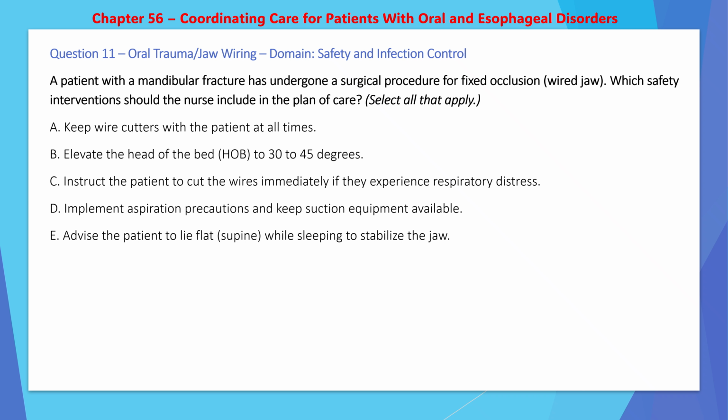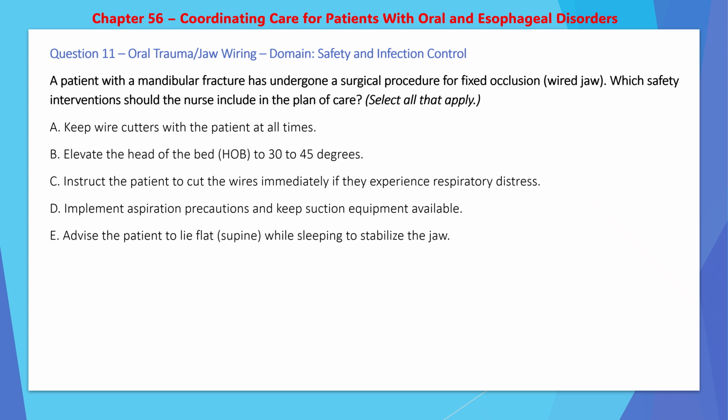B. Elevate the head of bed 30 to 45 degrees. C. Instruct the patient to cut wires immediately if they experience respiratory distress. D. Implement aspiration precautions and keep suction equipment available. E. Advise the patient to lie flat, supine, while sleeping to stabilize the jaw.